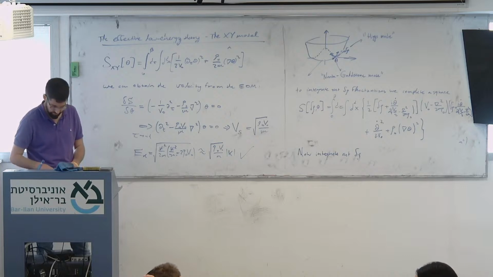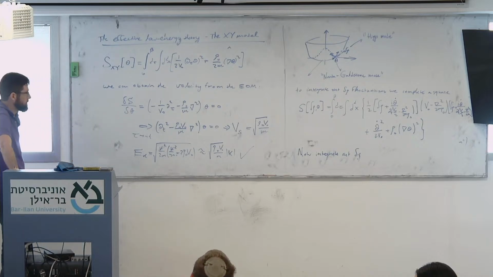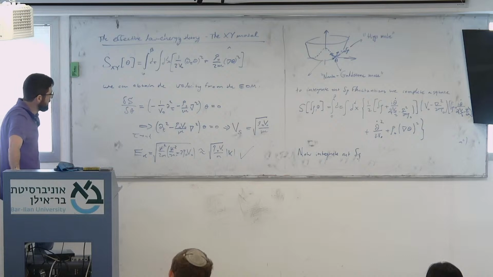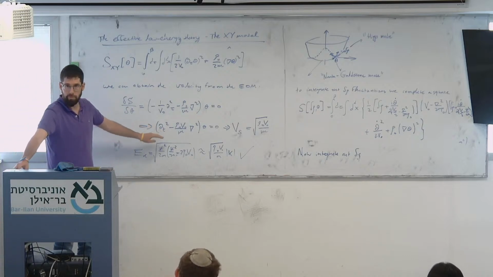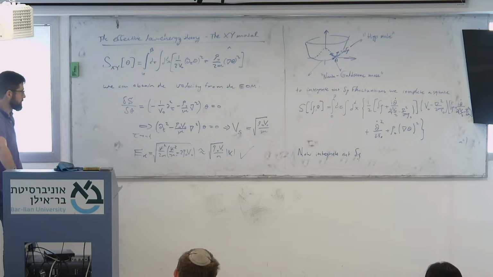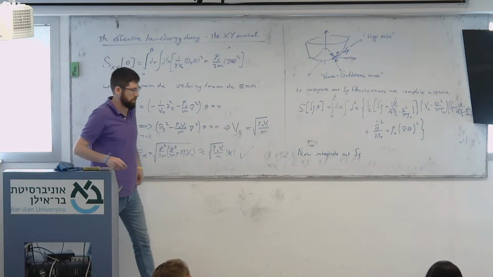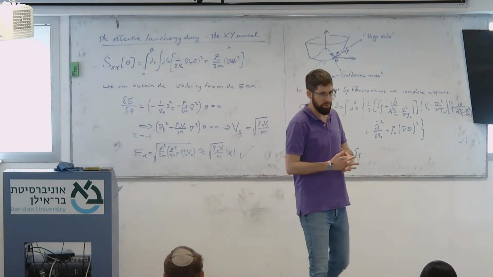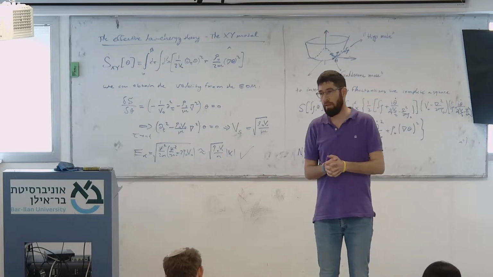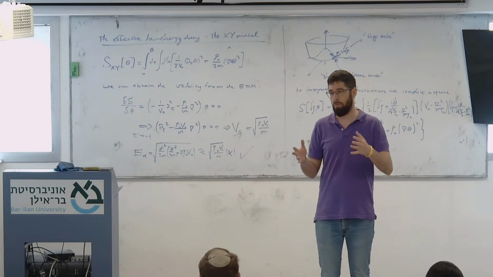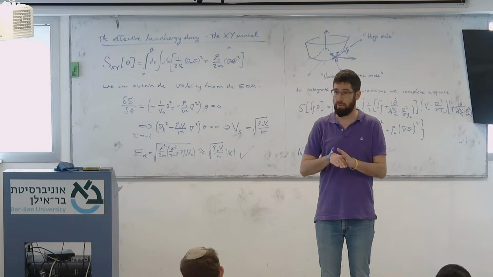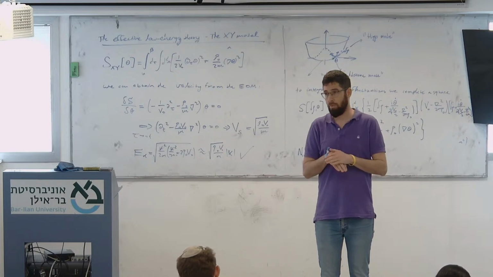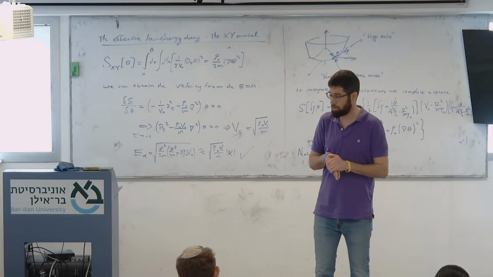Can you explain what you mean when you say mode? Well, this is a wave equation, right? So there's a field, which is the low energy excitations of the theory, you obtain some field whose equation of motion at low energy looks like a wave equation.